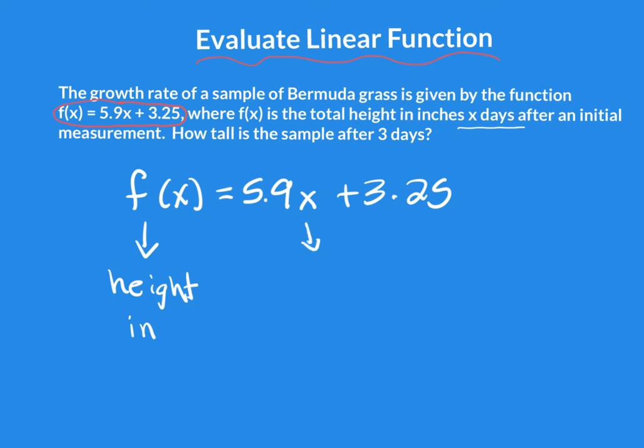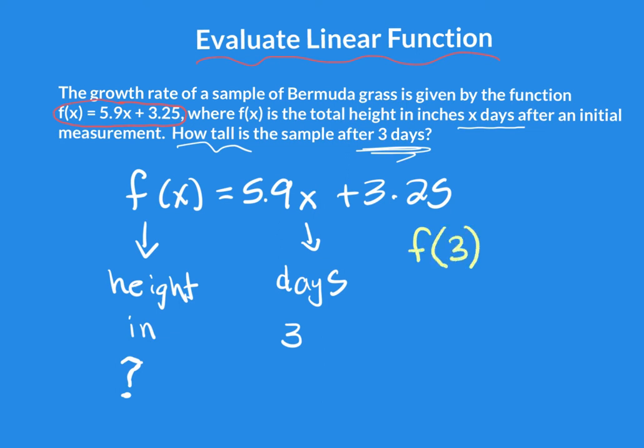Height measured in inches. Okay, total height in inches, x days after an initial measurement. Okay, so they told us what x equals, days. So how tall? They're asking us, hey, what's the height? Oh, that's supposed to be a question mark, okay. Is the sample after 3 days? So they gave us the value of x. So to evaluate this, we are going to look at the function when the x value is 3, which basically just means, hey, plug in 3 for x.